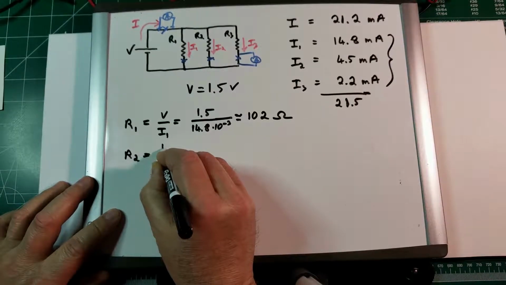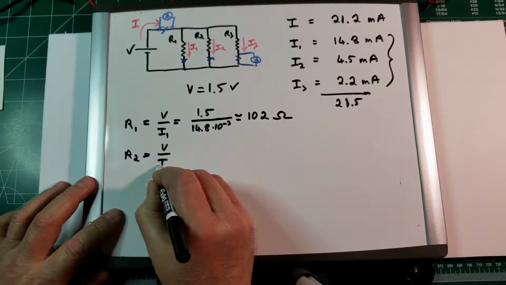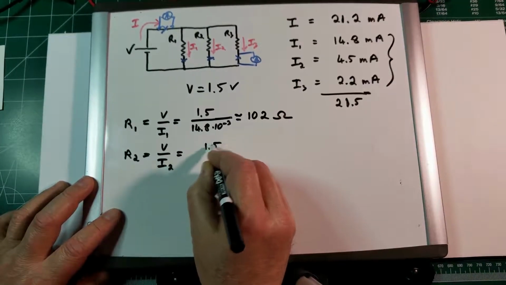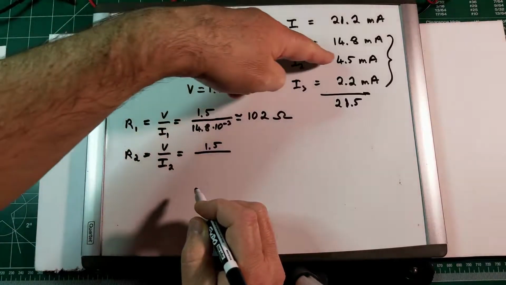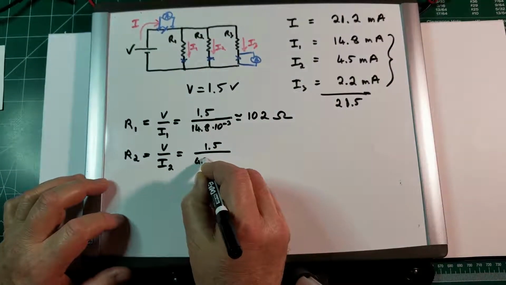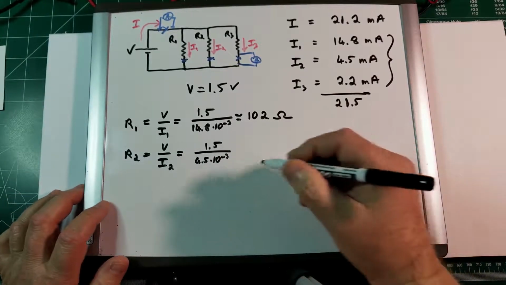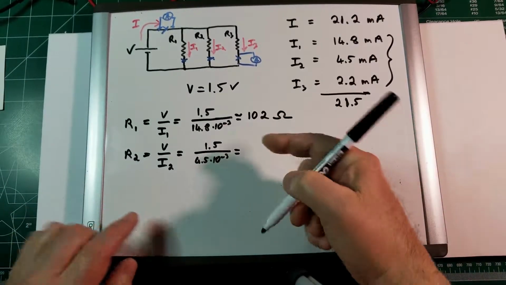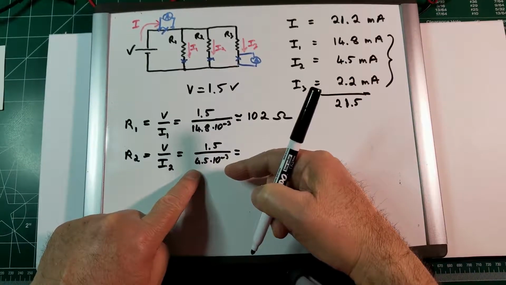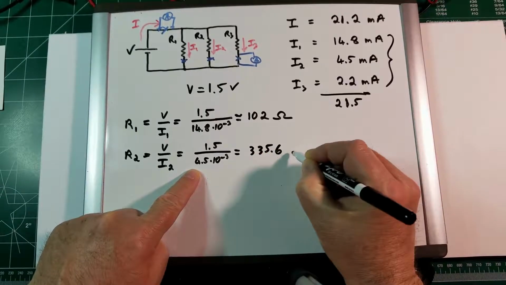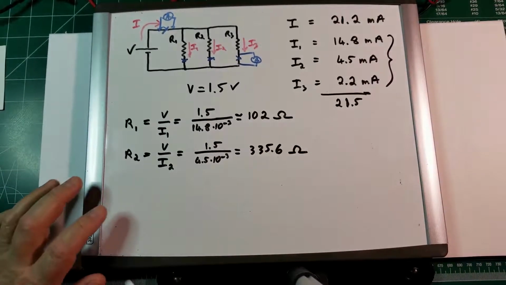In the same way, R2 is going to be V over I2, which equals 1.5 divided by 4.5 times 10 to the power of minus 3. And this is about 335.6 ohms.